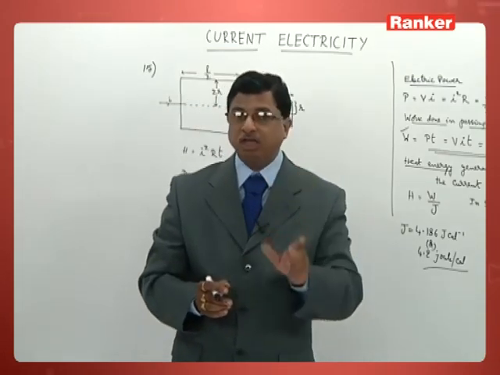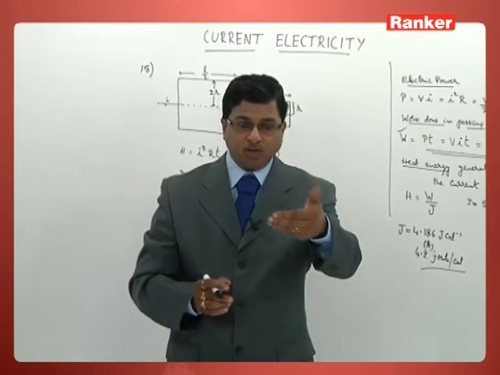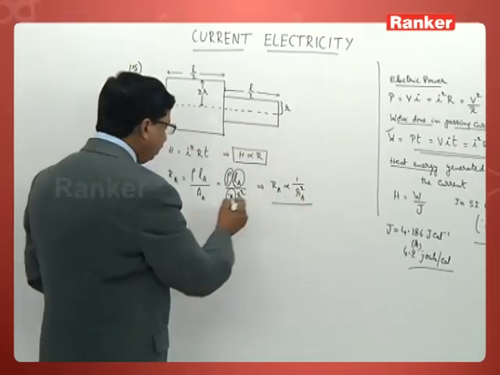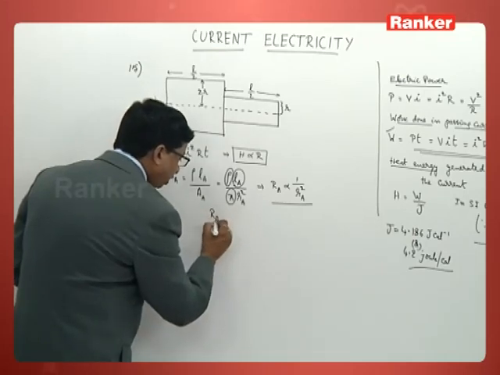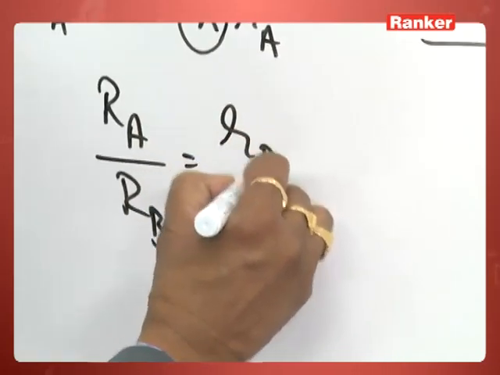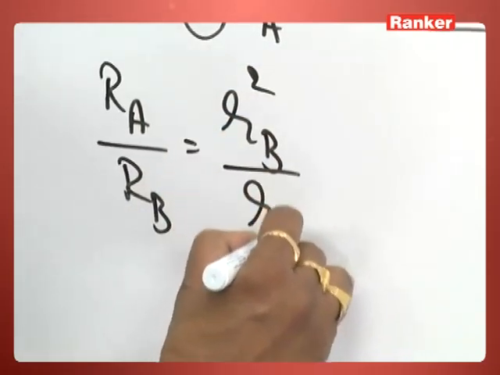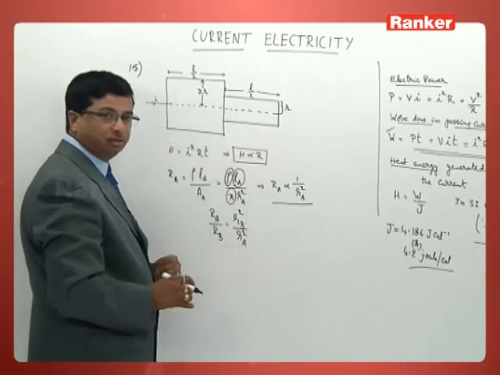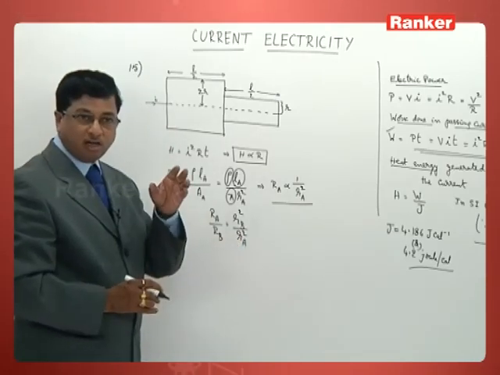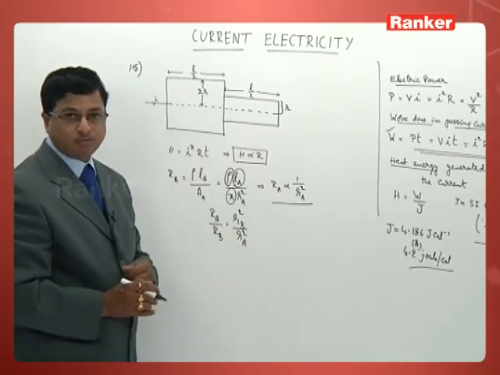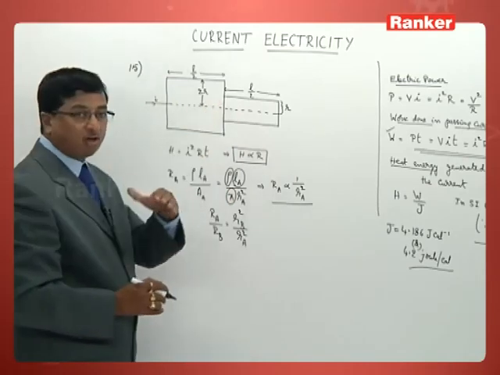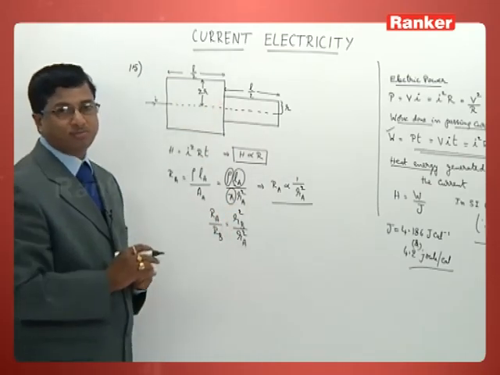What are the radii provided in the problem? Look at those two and finalize your result. So what can we write now? R_A by R_B is equal to r_B square by r_A square. Observe this point carefully. These capital letters are referring to the resistance values. Small letters are referring to the radii of cross section of both the rods.